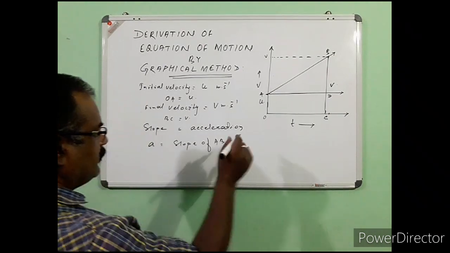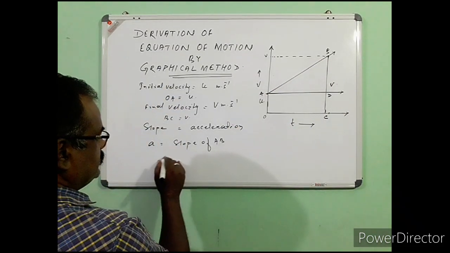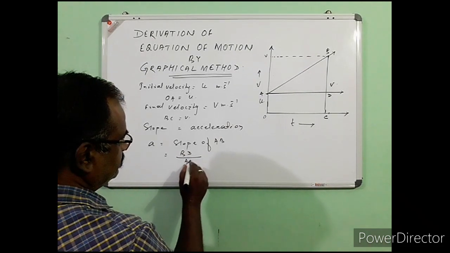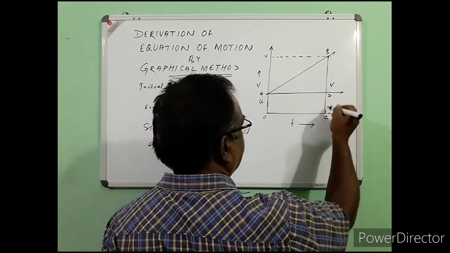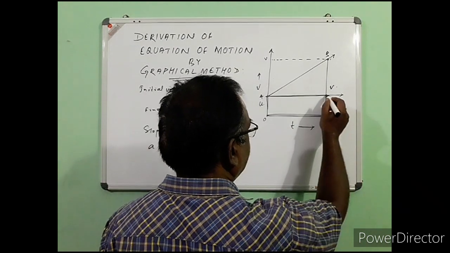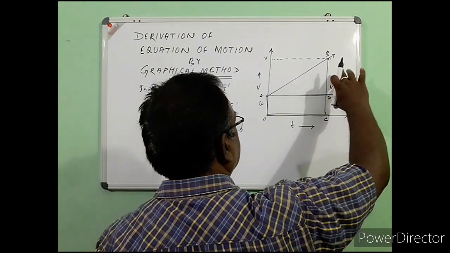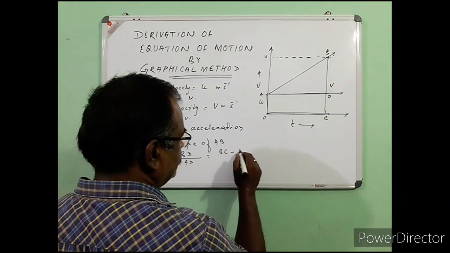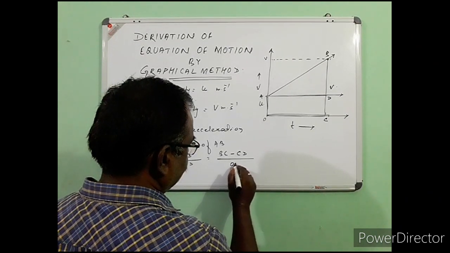So the slope of AB will be equal to BD by AD, because BD is the perpendicular component. But BD is equal to BC minus CD. Since we have drawn a parallel line, AOCD is a rectangle, so BD is BC minus CD, and AD is equal to OC.